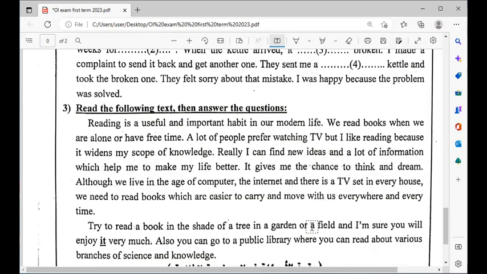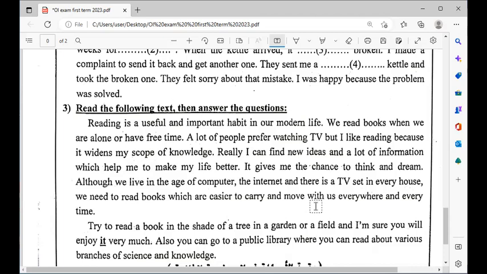Although we live in the age of computer, the internet, and there is a TV set in every house, we need to read books, which are easier to carry and move with us everywhere and every time. Try to read a book in the shade of a tree, in a garden, or a field, and I'm sure you will enjoy it very much.